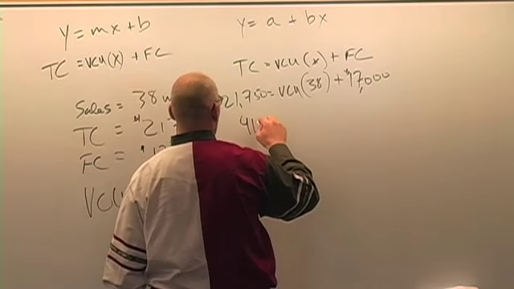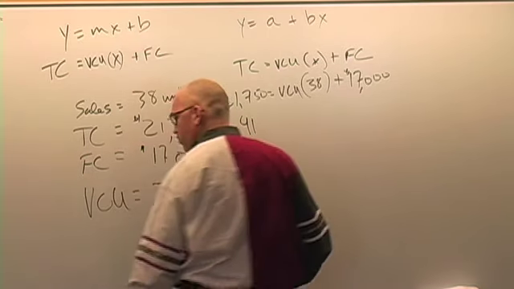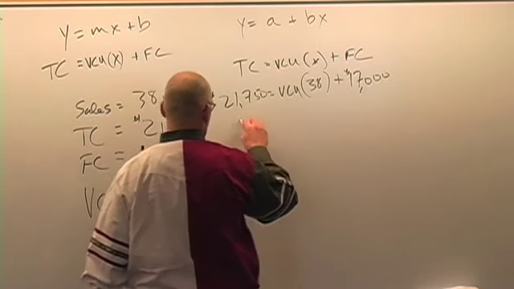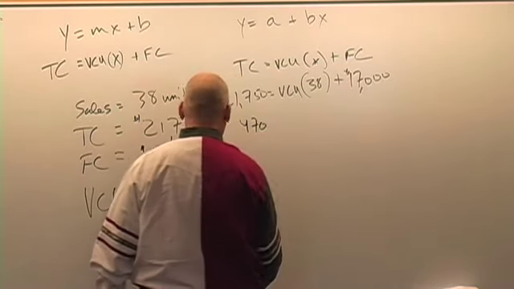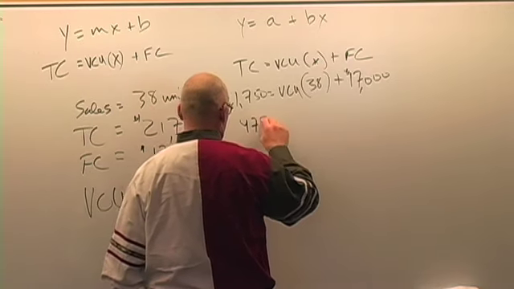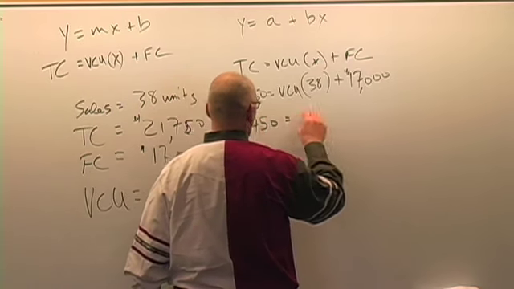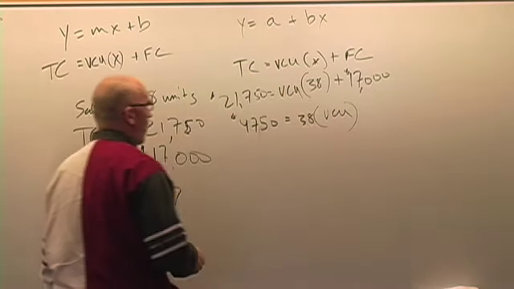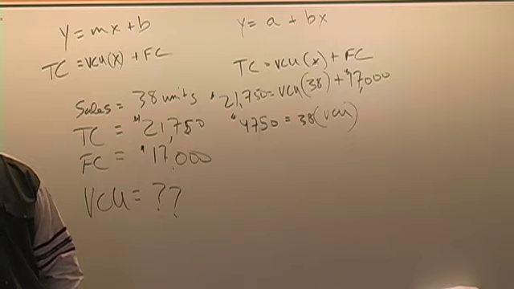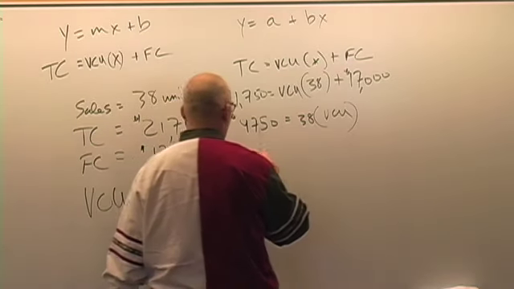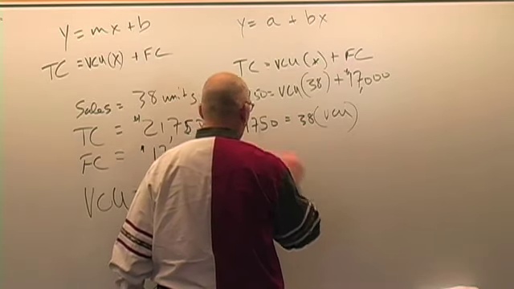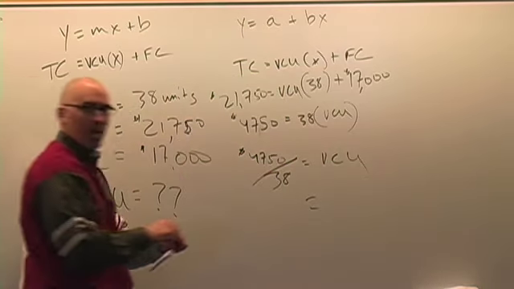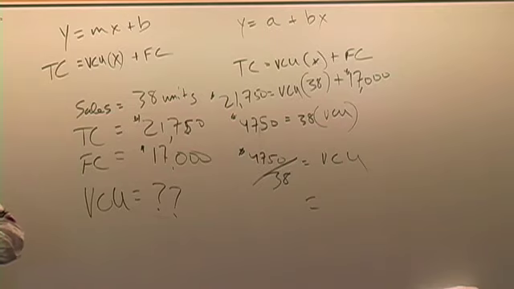That's going to be 4750. 4750 equals 38 VCU. It's a little easier to think about it that way. So how do we isolate the VCU? Divide it. So 4750 over 38 equals VCU equals what? 125.